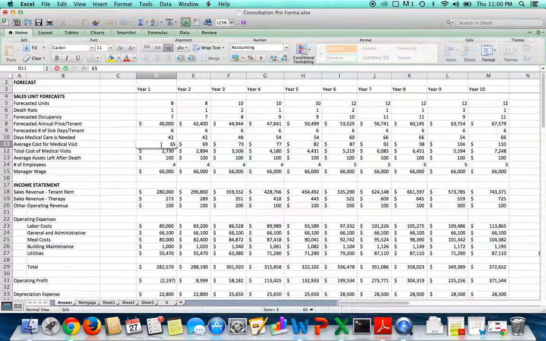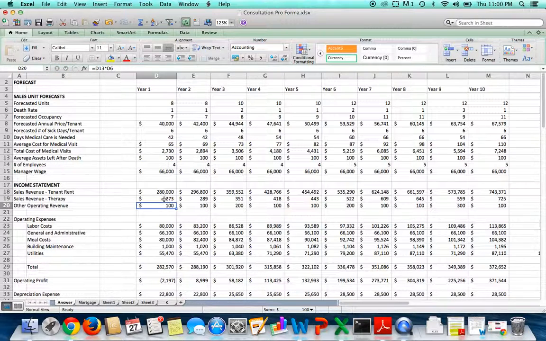And then we have our average cost of each medical visit, and how much the total cost of medical visits will be is the days of medical care times the average cost of the medical care visit. And we did that because we're saying that we'd make a commission from referring doctors to our tenants.